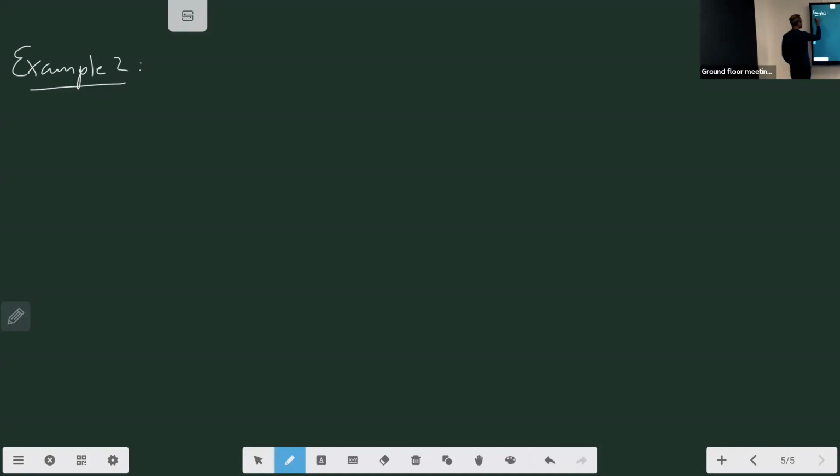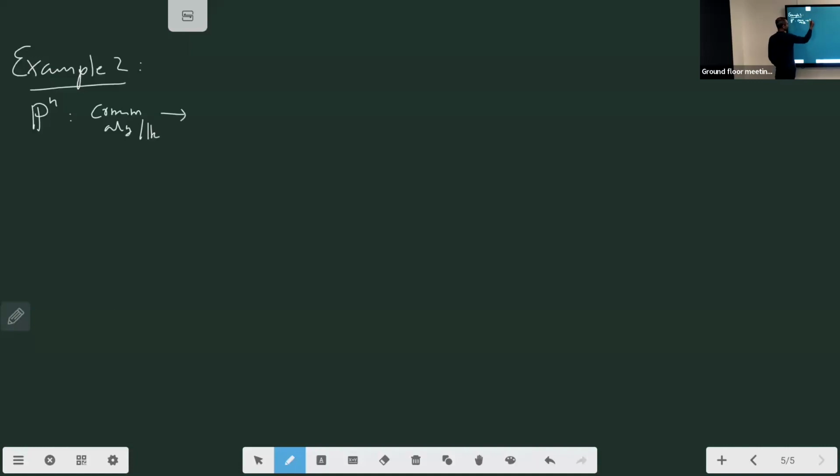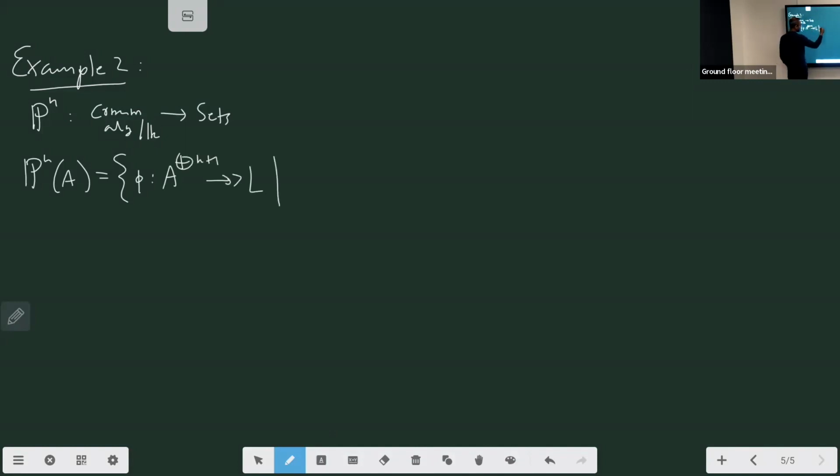Maybe this is the functor P^n from commutative algebras to sets, where P^n(A) is the set of maps from A^(n+1) mapping epimorphically onto some L, where L is a projective module over A of rank 1.